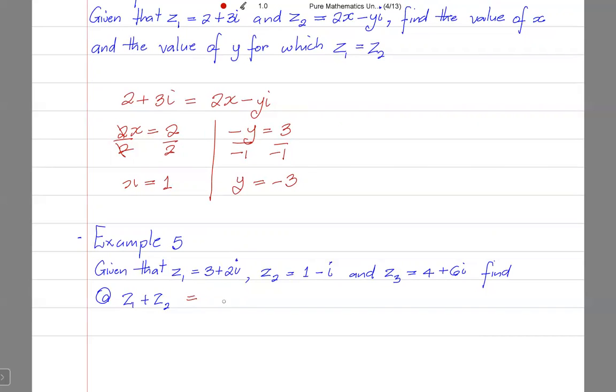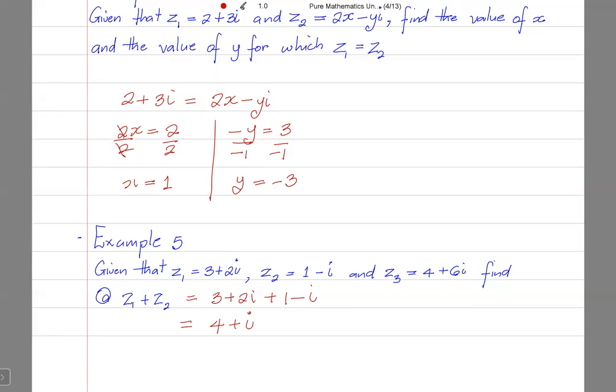So Z1 plus Z2 would be 3 plus 2i, which is Z1, plus Z2, which is 1 minus i. So I'm going to add real to real. 3 plus 1 is 4. And imaginary to imaginary, 2i minus i is i. So the answer is 4 plus i.